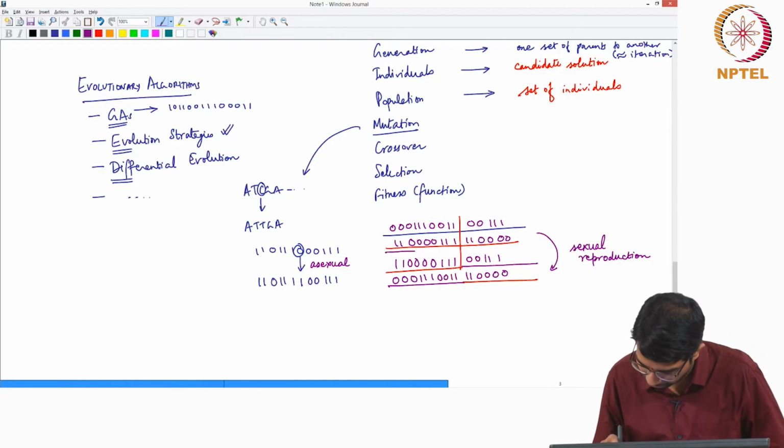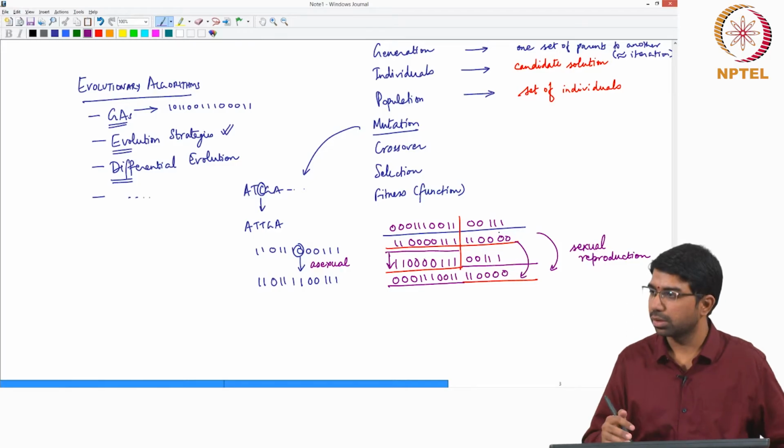So, this fragment comes directly here and this fragment goes here and so on.